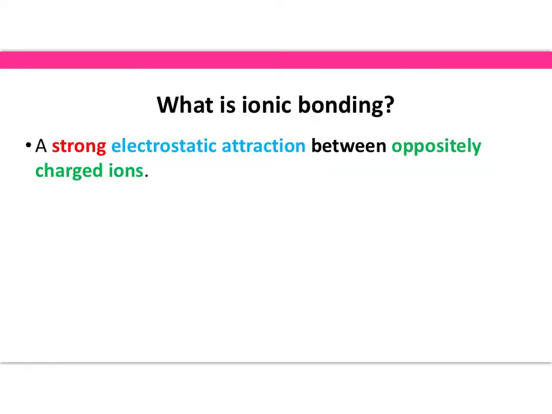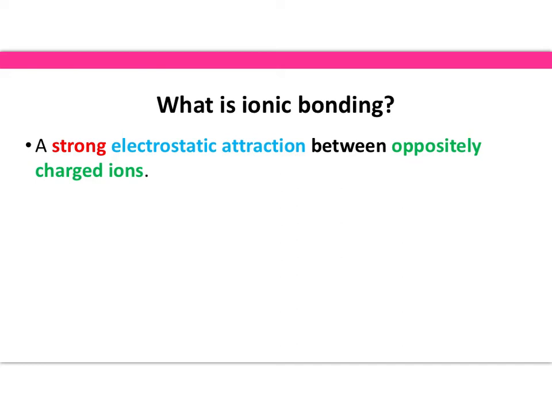We talked previously about how all bonding was an electrostatic force of attraction, that it was strong, and that it was between oppositely charged particles. With ionic bonding, those oppositely charged particles are ions. When you did atomic structure, you should have covered times when an element either gained an electron or electrons, or lost an electron or electrons. As a consequence, you had a different number of protons and electrons, so you had an overall charged particle, and that charged particle was called an ion.